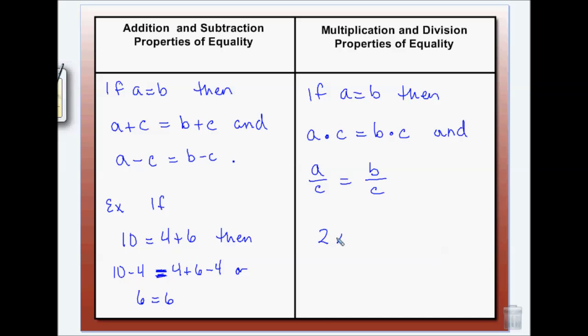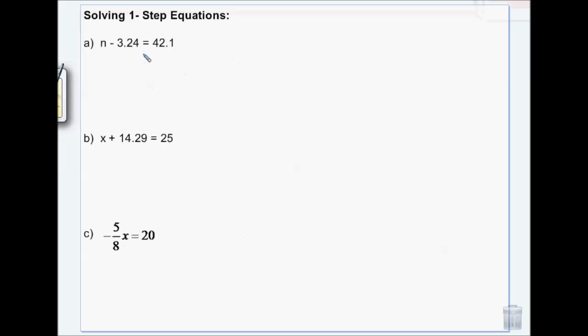So if I say 2x equals 10, and I divide both sides by 2, it's still going to stay equal. X will be 5. Okay, so if we're solving one-step equations, we're going to do one step. Okay? Always see what they've done. Here they have subtracted. We're going to do the opposite of what they did. So if they subtracted, we're going to add.